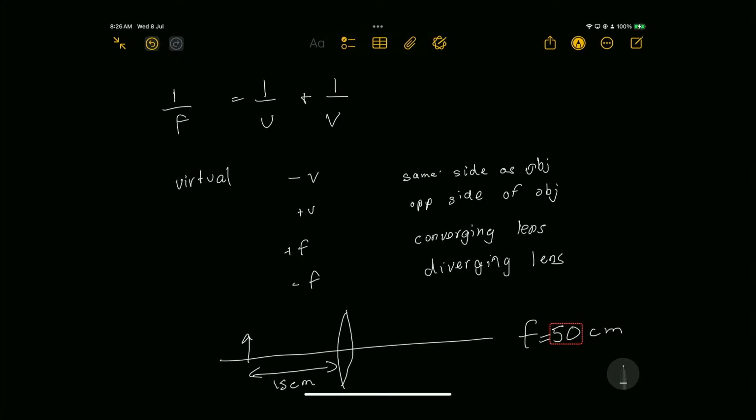And we have to calculate the image distance. We have to use this formula above, so we need to substitute our values.